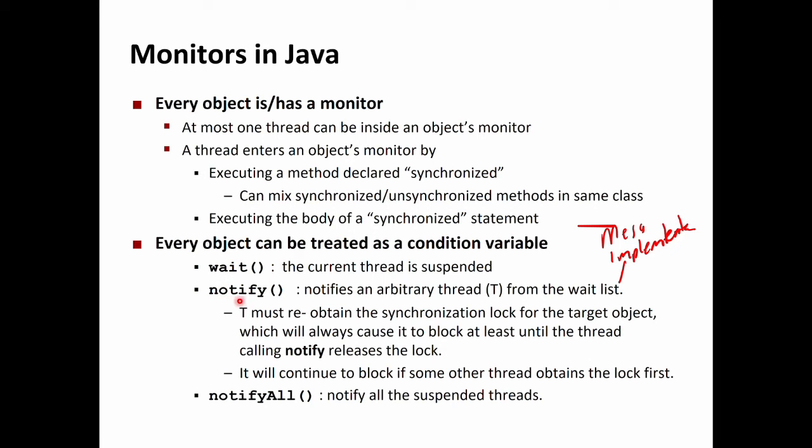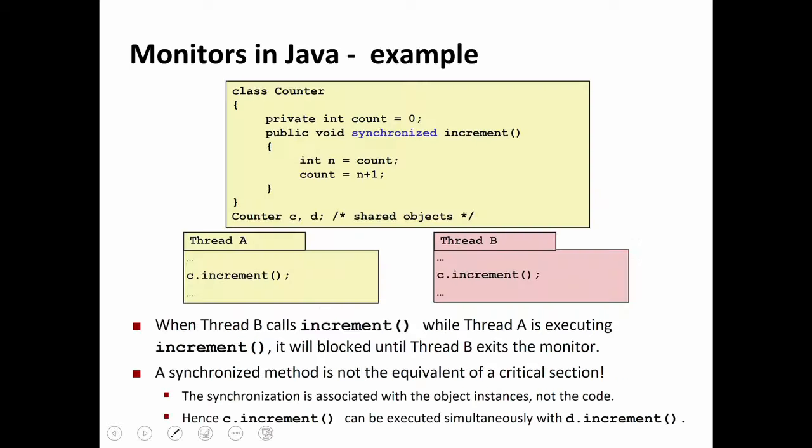What it means is when a thread calls notify, it notifies an arbitrary thread from the waiting list and puts it into the entrance, and then it will continue to work as if nothing has happened, and the notified thread would try to get in and complete its job. And of course, notify all would basically notify all the suspended threads waiting on that particular condition.